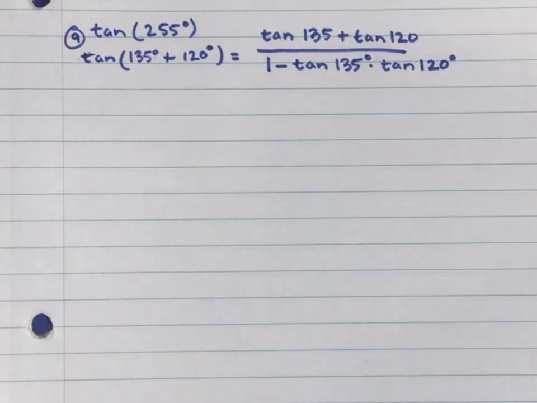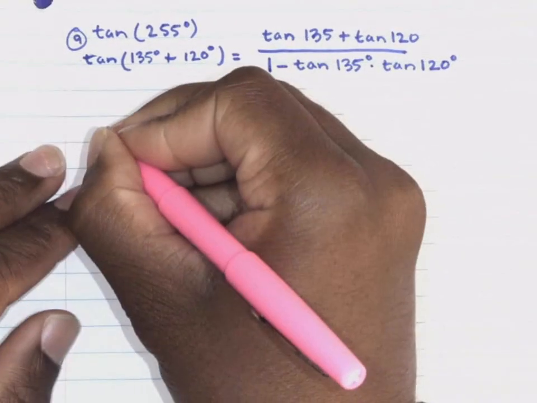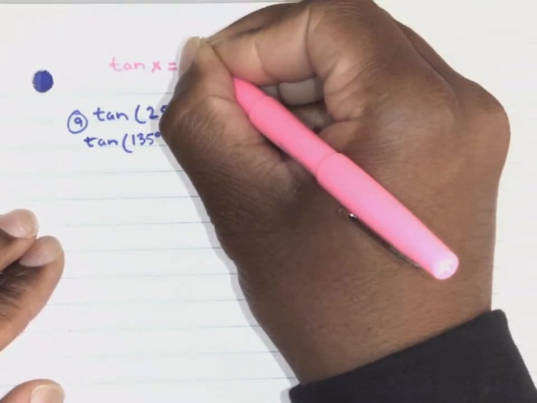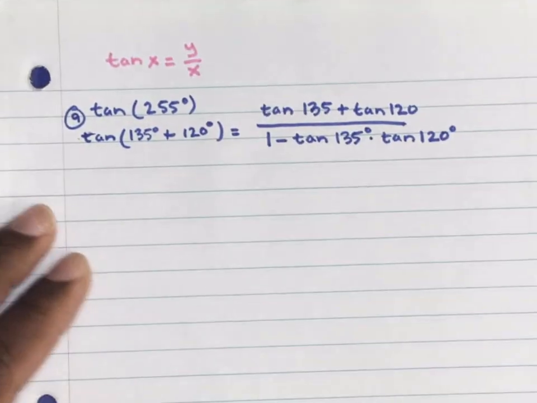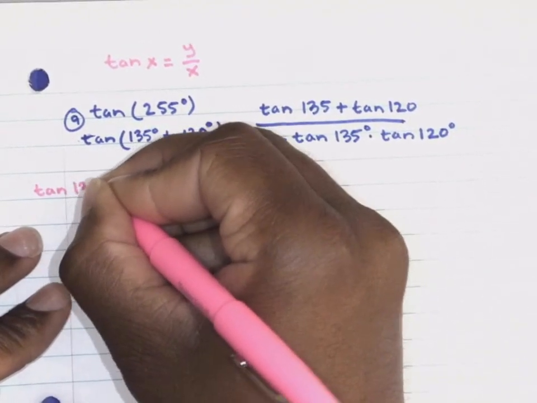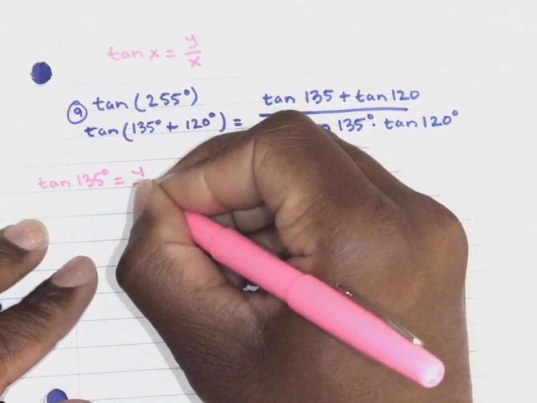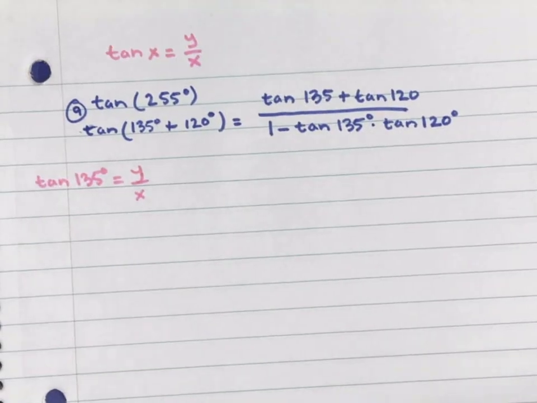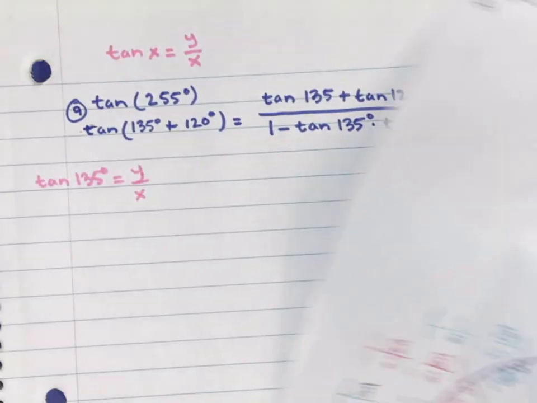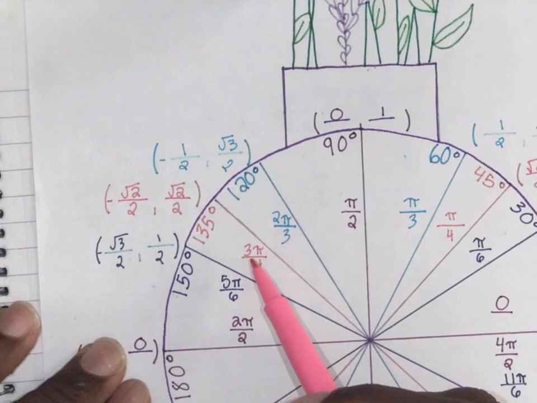All right, and before we get too far, I'll tell you what, let's go over to the side and let's see what tangent of these values are. So remember, tangent of an angle equals y divided by x. So off to the side, tangent of 135 is y over x. So I go to these coordinates, 135, and it's a 45-degree angle.